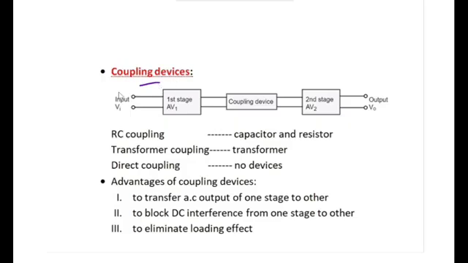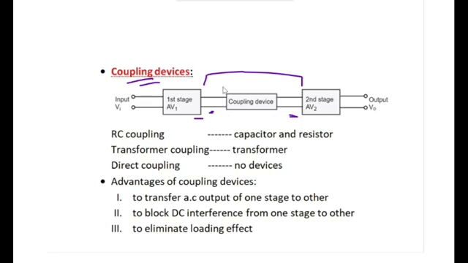So what are coupling devices? Coupling devices are nothing but devices which couple the output of one stage to the input of another stage, that is, its next stage. To couple this signal, the actual data, from the output of one stage to the input of another stage, we require coupling devices.